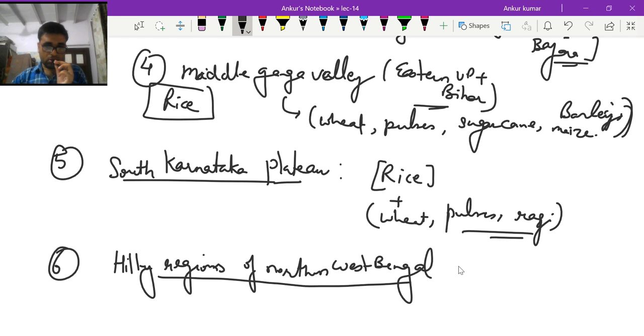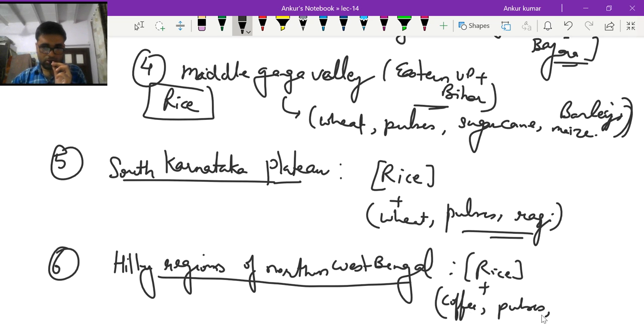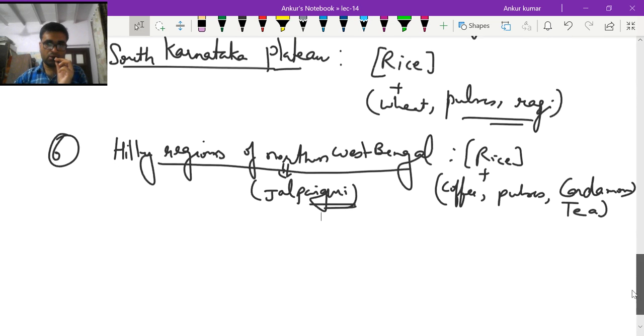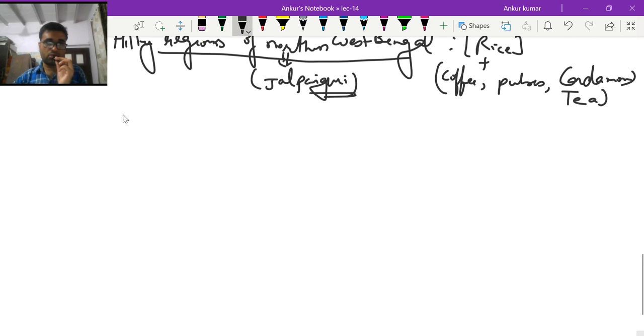Now, in these regions rice is the primary crop, but along with the rice, other associated crops are coffee, pulses, cardamom. So these are associated crops. And the main region in this, when we are talking north, is Jalpaiguri district. So this is the sixth region where the rice is the primary crop, along with some additional crops that we discussed.